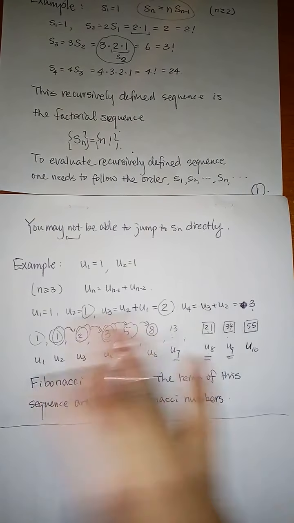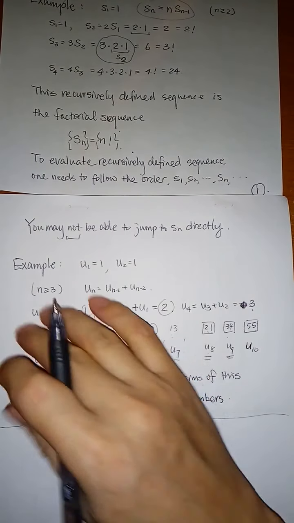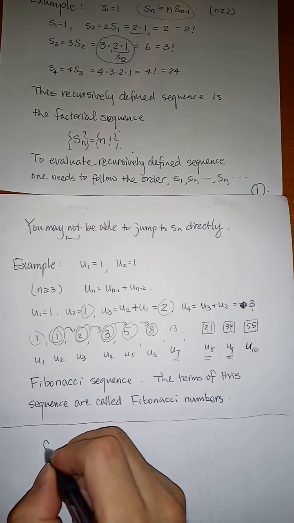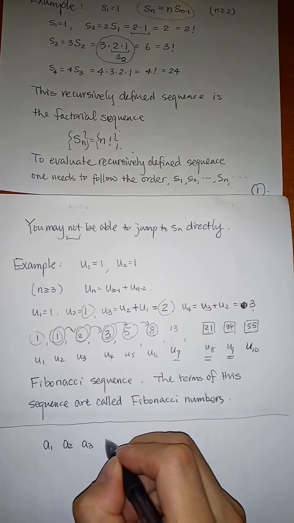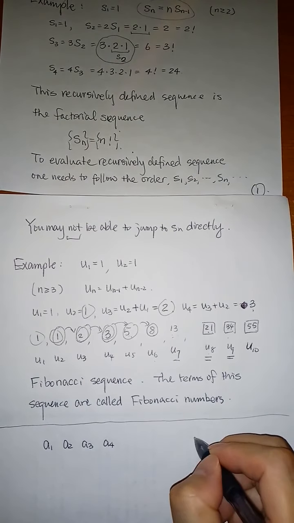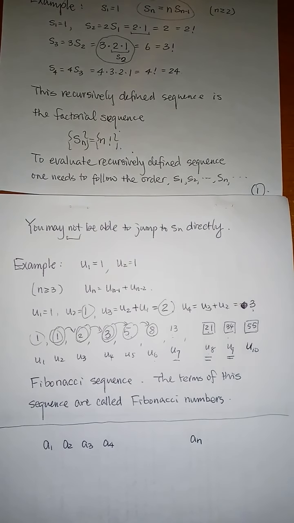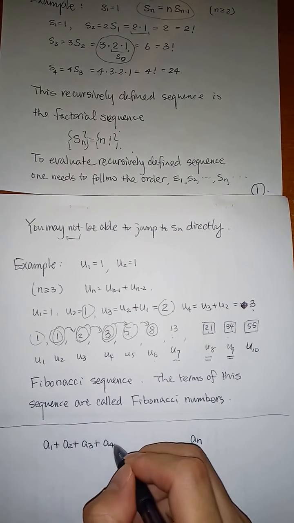You just get a sequence of numbers. When we have some numbers, of course, we can add them. So we have A1, A2, A3, A4, a lot of numbers, up to An. Let's first stop at a certain position. When we have those n terms, we are going to add them because we can.